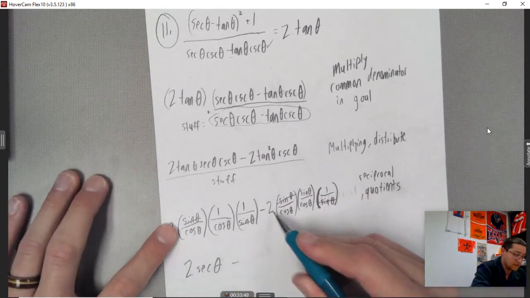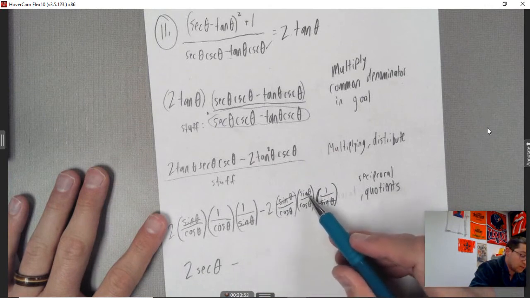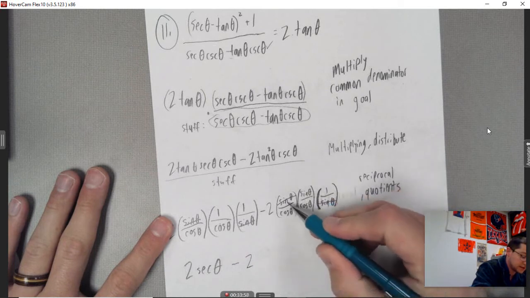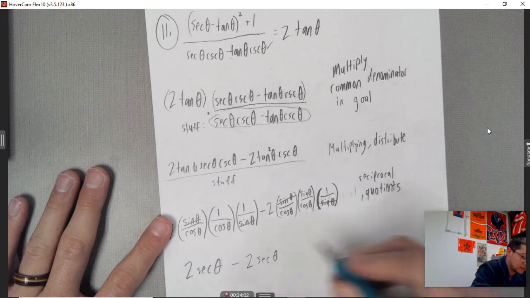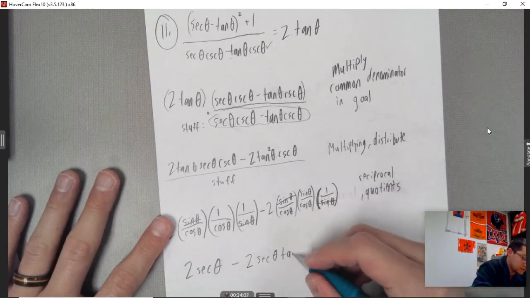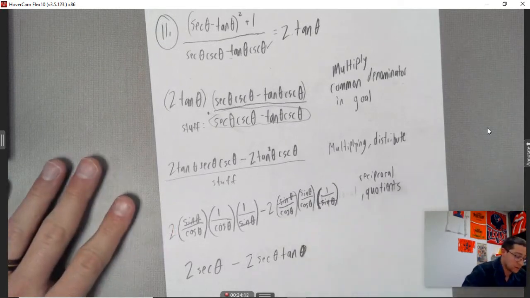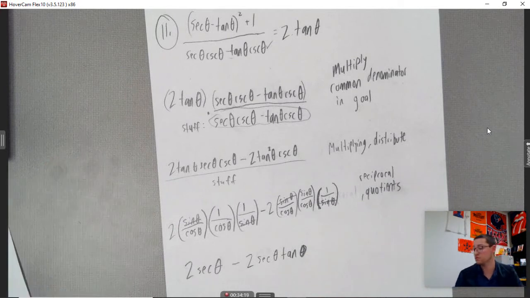Over here, I've got 2 times tangent and secant: 2 secant theta, the 1 over cosine, and then times tangent. That's what we're left with on that one. All right, let's see the approach that we can take from here.